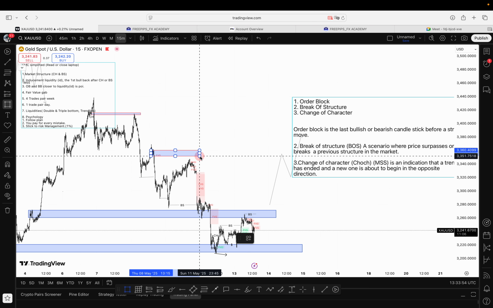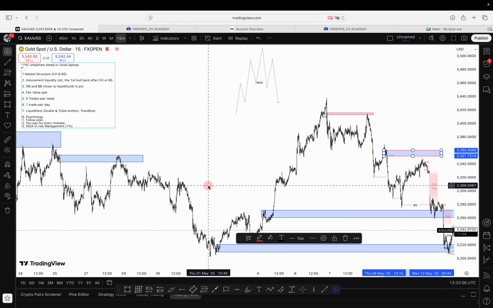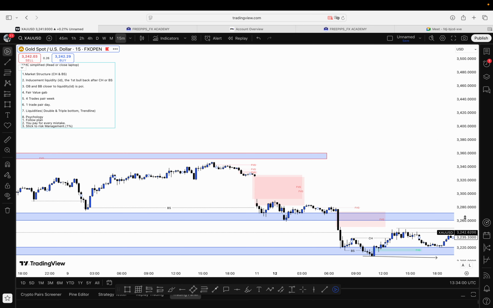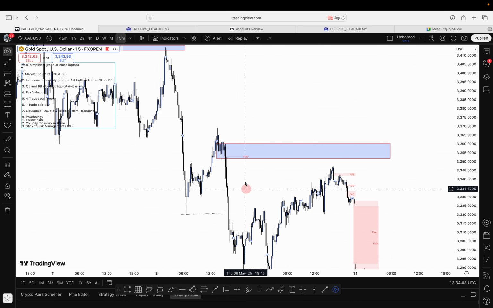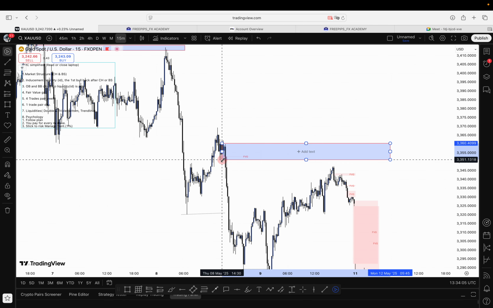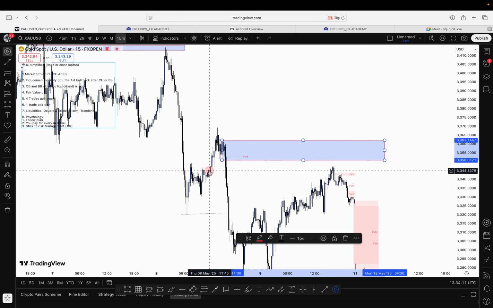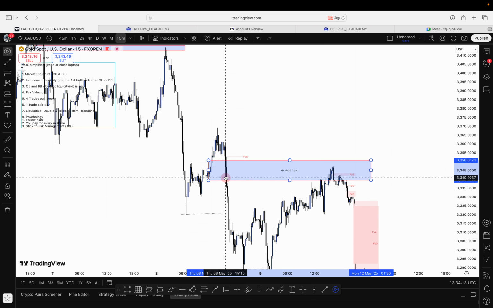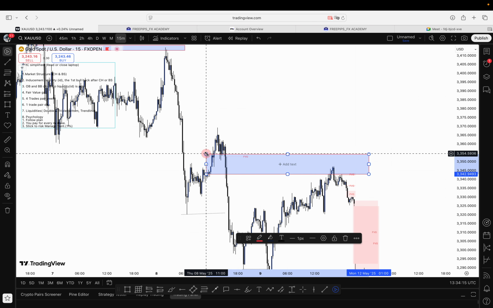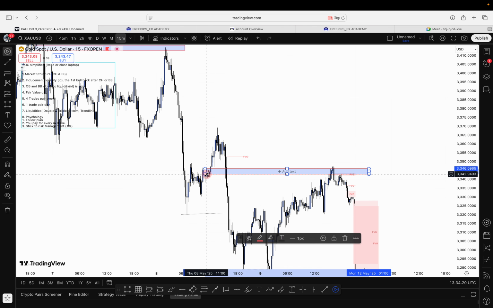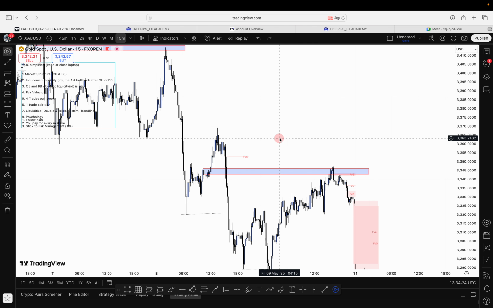Example, this one. If not, let me check it well. This one wasn't order block mitigation. It used this breaker block to sell. It wasn't order block.